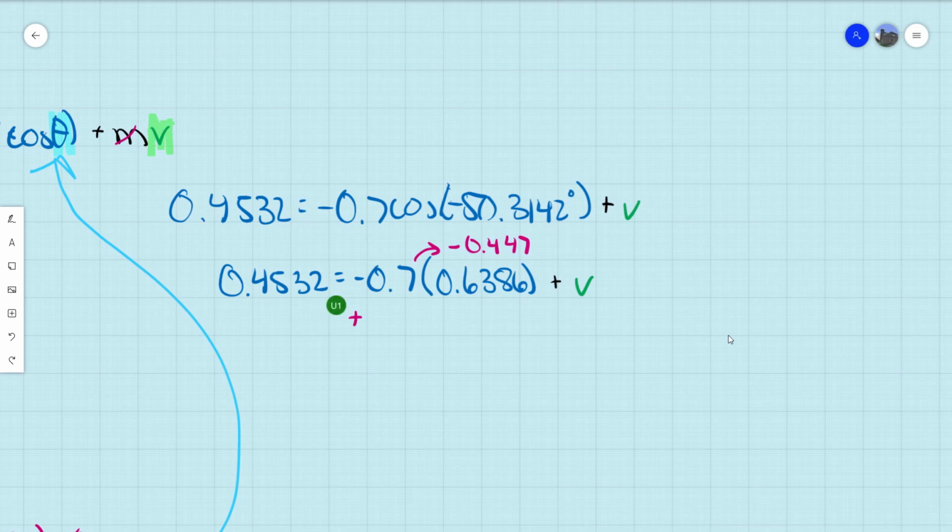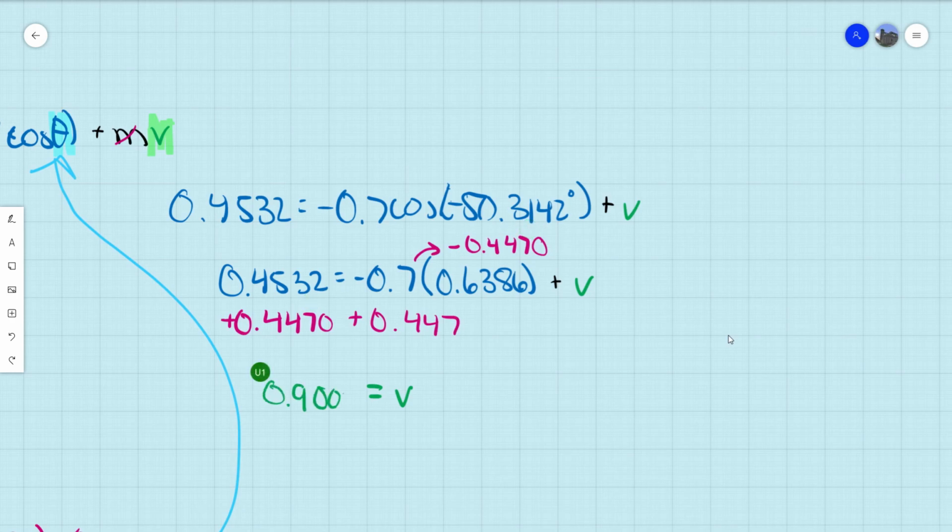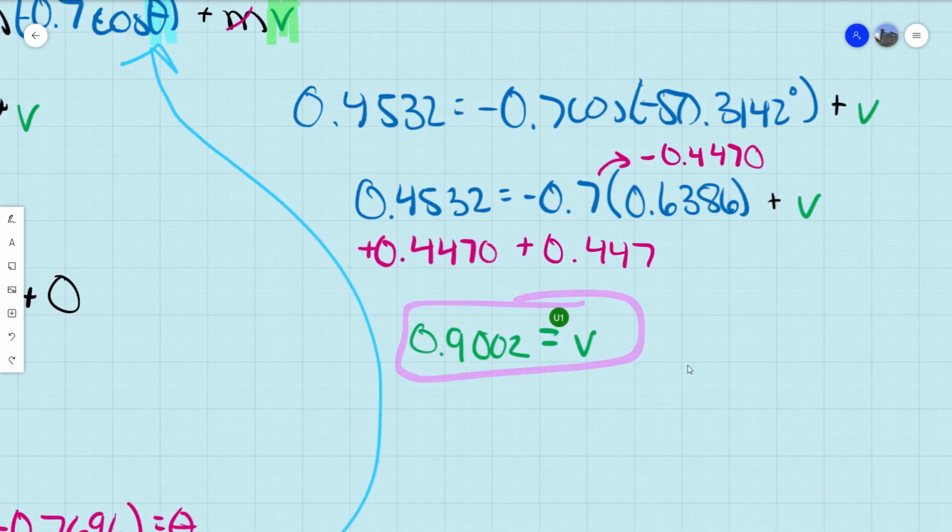So I'm going to add 0.447 to both sides, which gives us v equals 0.4532 plus 0.447. I guess for the sake of sig figs, I'll throw a 0 on there. This equals 0.9002 meters per second. And this is our final answer.